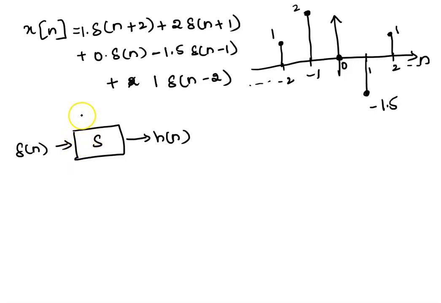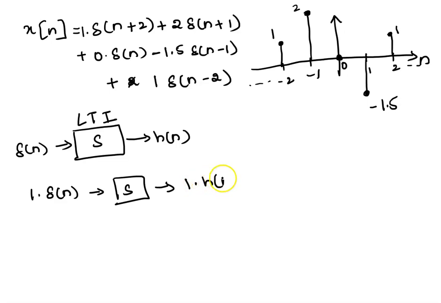Now, if I say my system is linear and time invariant in nature, if I append the clause of linearity and time invariance to my system S, then if I multiply the impulse del of n by 1, the output will also be multiplied by 1, based on the concept of homogeneity.